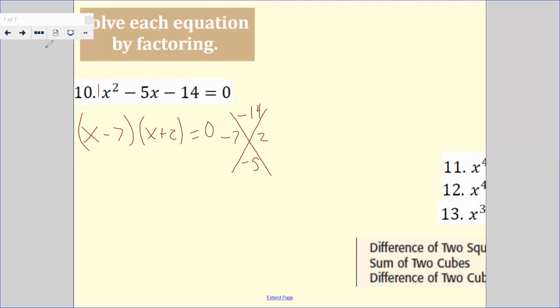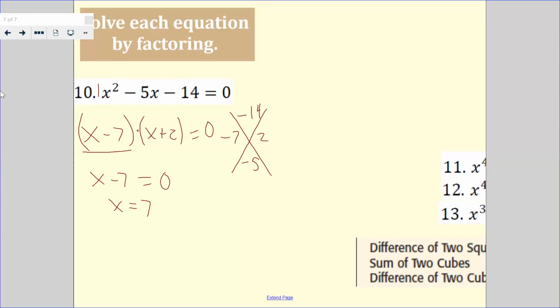Now, what are my solutions? Well, we're using the zero product property, if you remember that. Since this is multiplication, if this value was equivalent to 0, 0 times anything is 0. So what we're going to do is set each parentheses equal to 0. What makes that equal 0? Well, that would be 7.